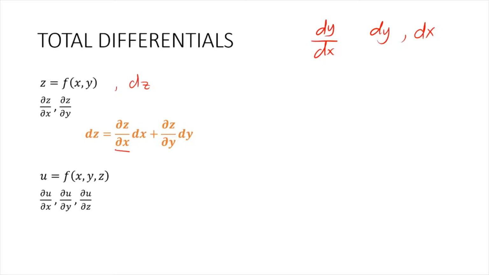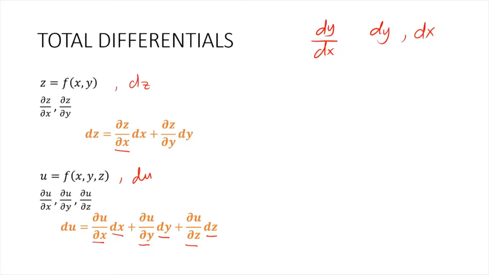And then its total differential, which is du, is defined as the partial derivative of u with respect to x times the differential of x, okay, plus partial derivative of u with respect to y times differential of y plus partial derivative of u with respect to z times the differential of z.